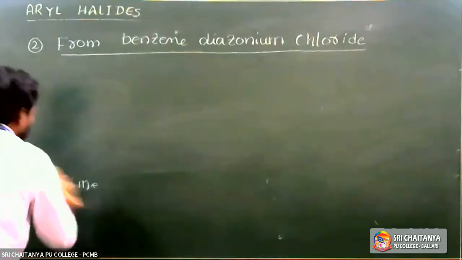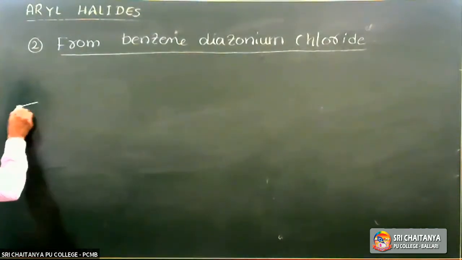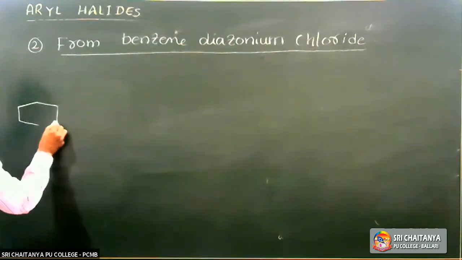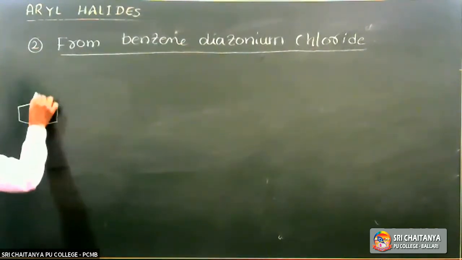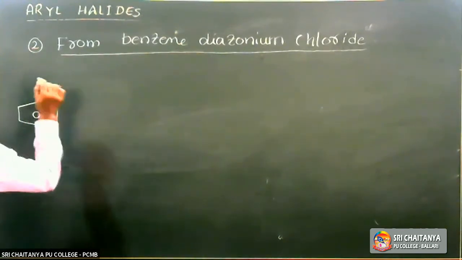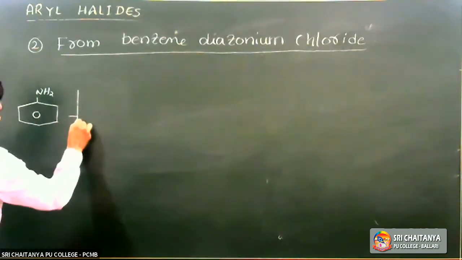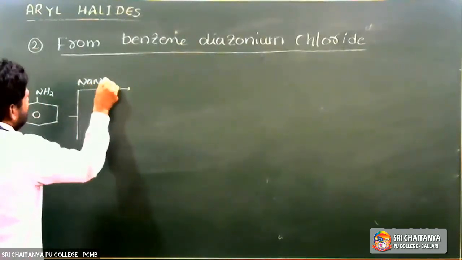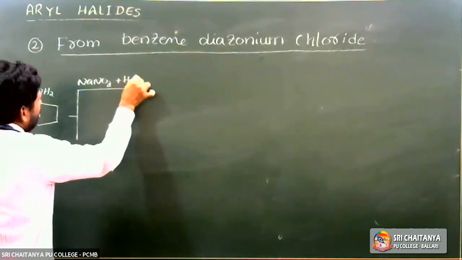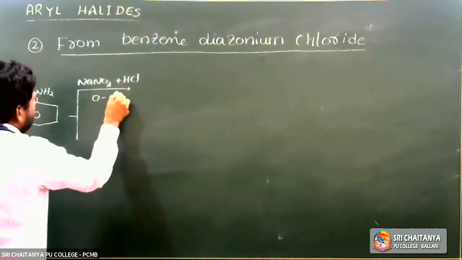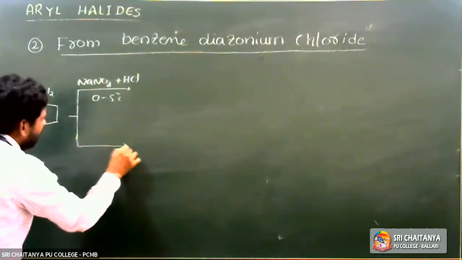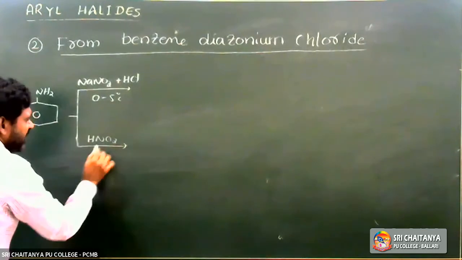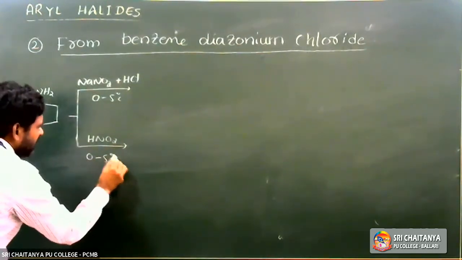First step, preparation of benzene diazonium chloride. Aniline is treated with either NaNO2 plus HCl at 0 to 5 degrees centigrade, or directly with HNO2, nitrous acid, at 0 to 5 degrees centigrade.